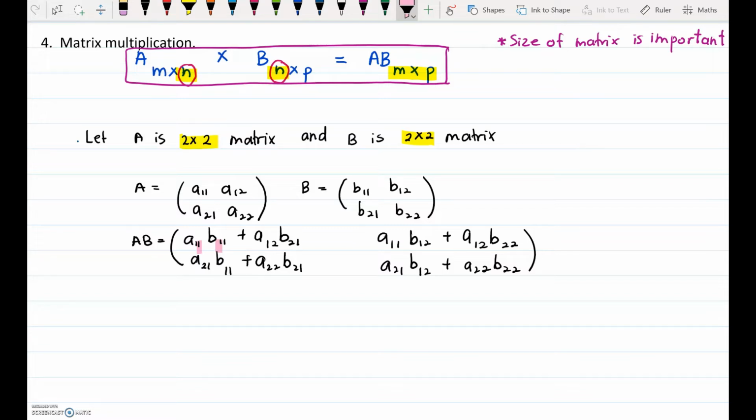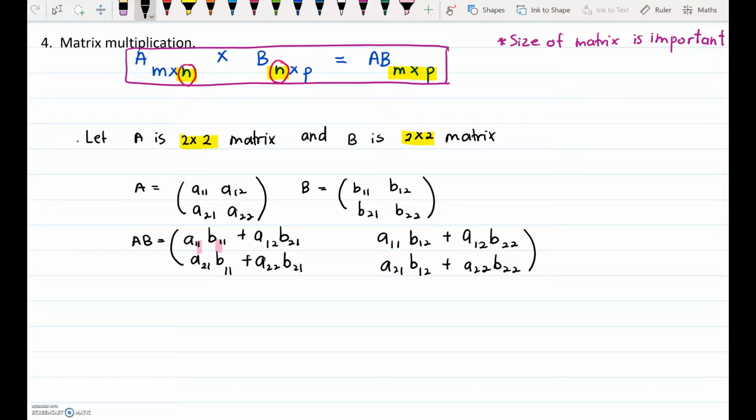You don't need to show the formula of the matrix multiplication, you just have to find the answer of A times B. What we can do is use cross multiply in matrix multiplication. Now let's see how to use the cross multiply in matrix multiplication.